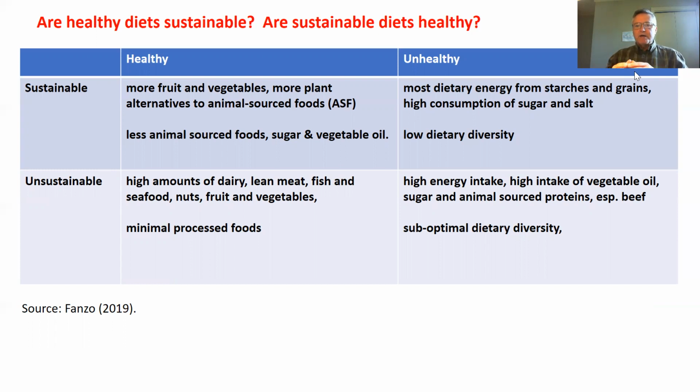So if you think about many parts of Africa, like the photograph we saw of Chad, basically small amounts of rice and other staples, which may be sustainably produced, but actually are not healthy for us.